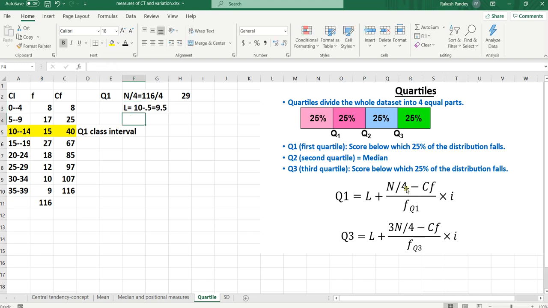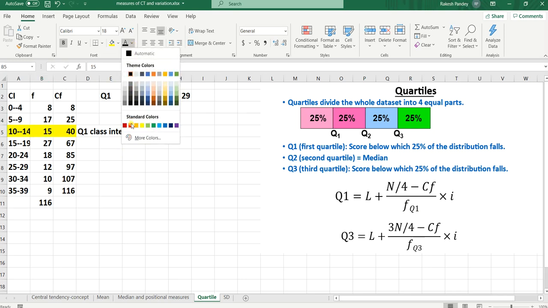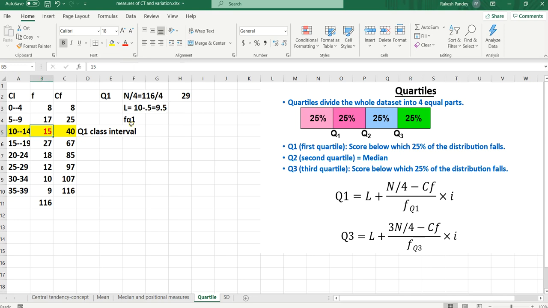Now we have already n by 4 and L. We need FQ1. FQ1 is the frequency of the Q1 class. So 15 is, let us highlight this font in a different color. So 15 is the FQ1 value. So FQ1 is equal to 15. Now we need another value, cumulative frequency.